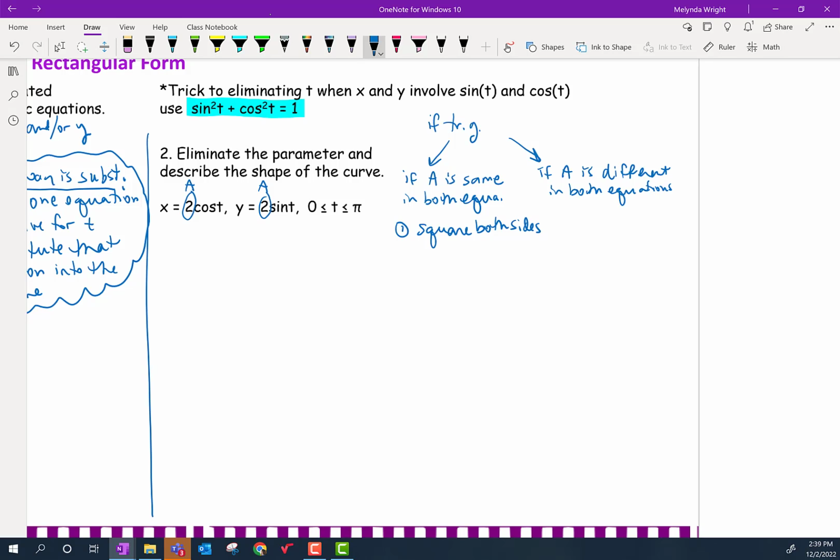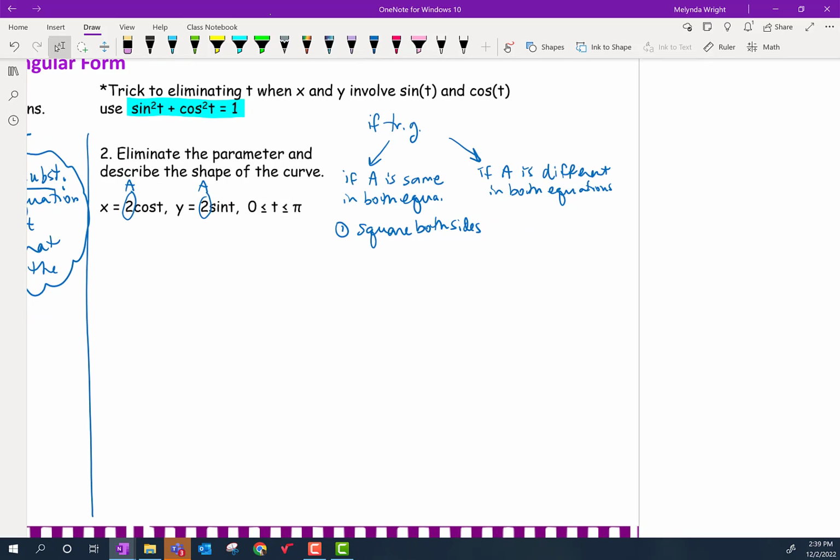And I'll write that example out to the side. Let's say if we had x equals 3 cosine t and y equals 4 sine t. Okay, this is an extra example that demonstrates the other option.